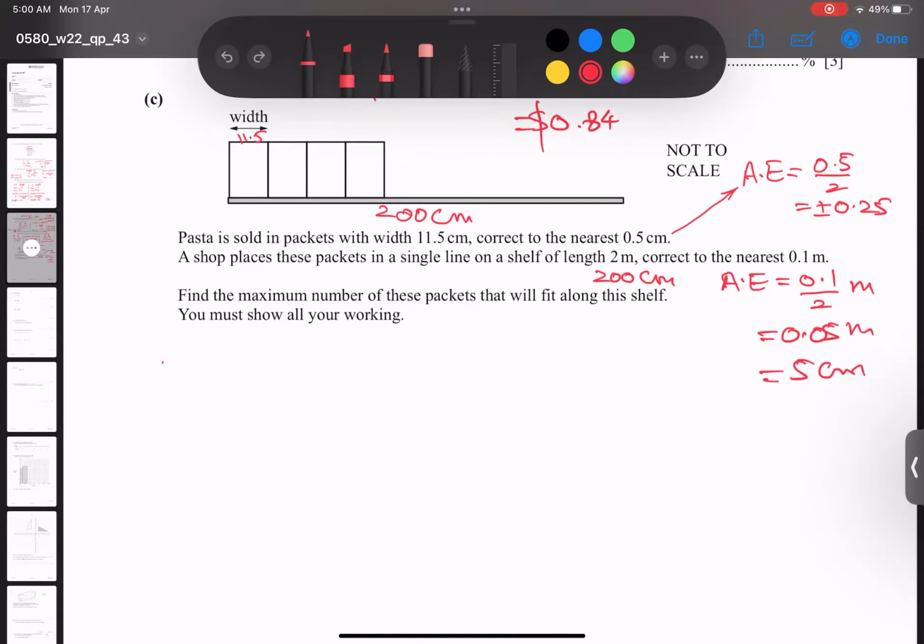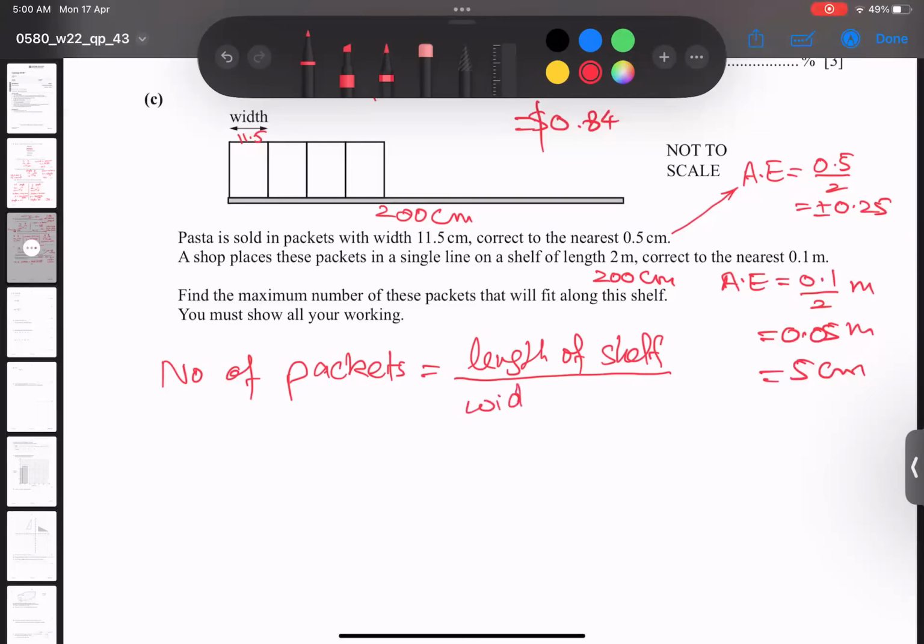So let's start. Number of packets we can find is the length of shelf divided by the width of the packet.